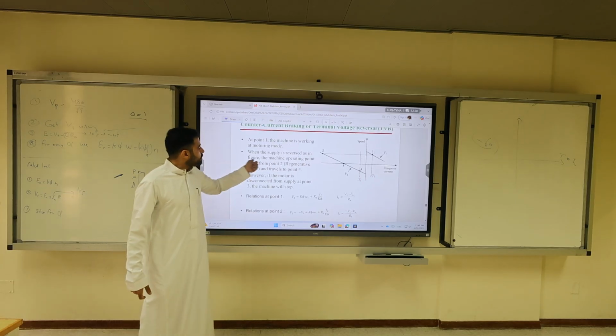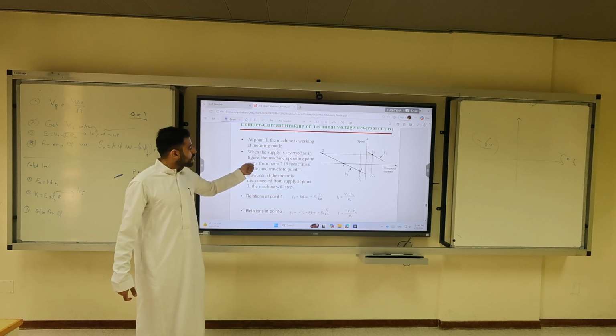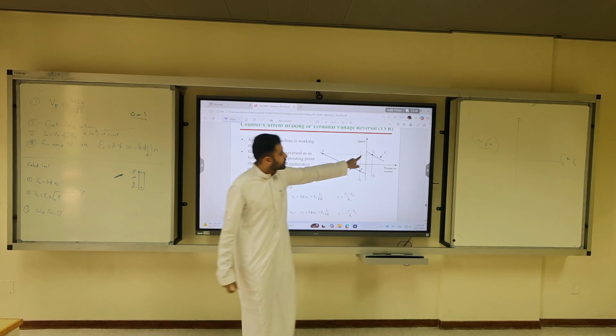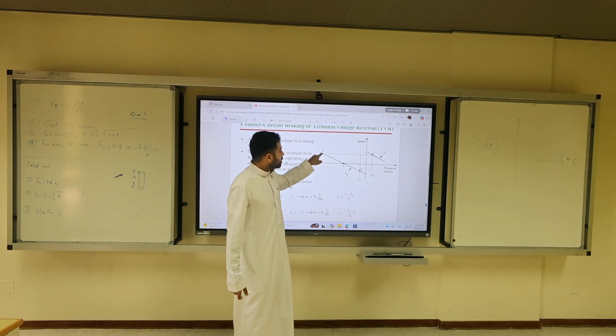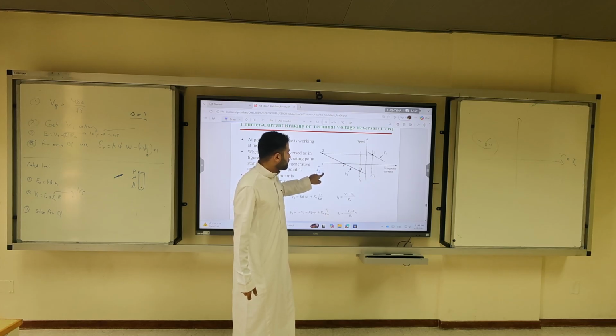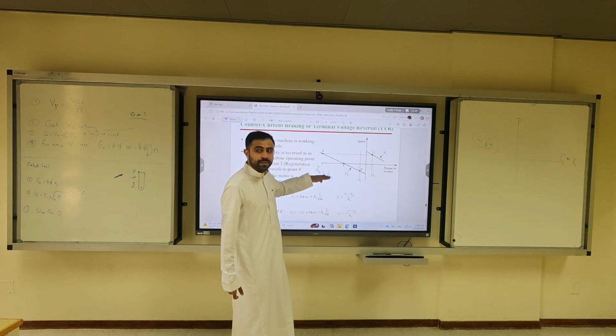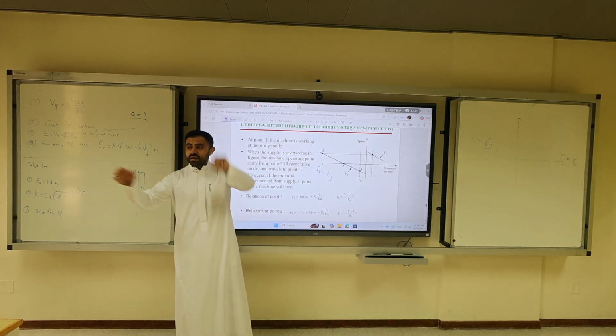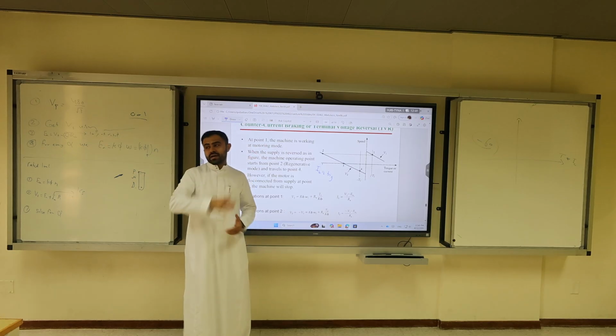When the supply is reversed, the machine operating point starts from point 2, regenerative braking. Immediately it jumps from here to here. But what's the issue here? The current is huge, so IB is big. Can you see why it's big? If we reverse the MOSFETs, there's going to be a huge negative current.